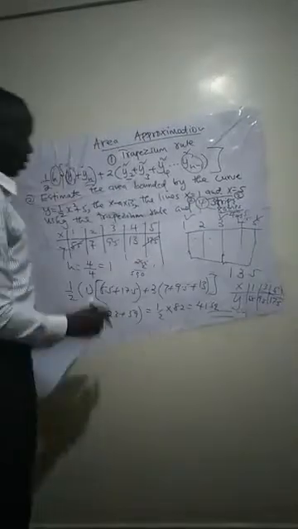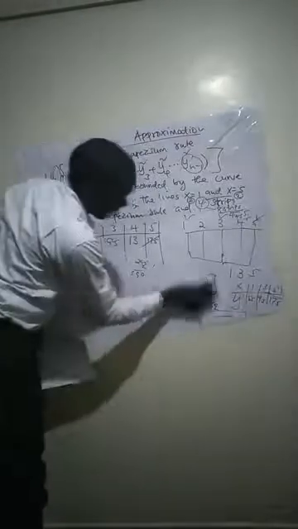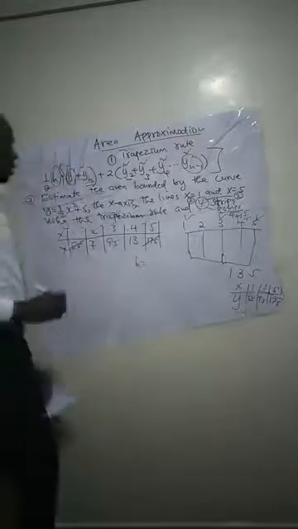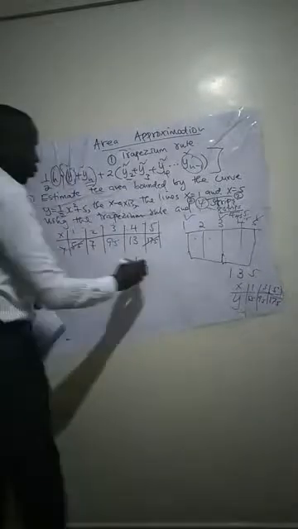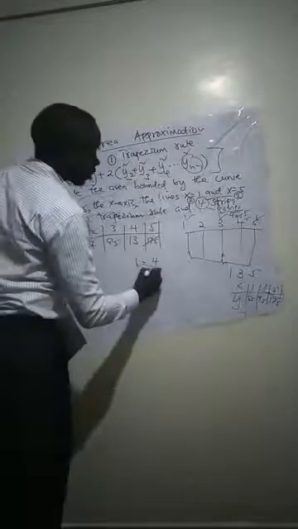So you'll only work with these, and before that, maybe we can get h. In that case it will be the number of units, which are 4, divided by the number of strips. We are told to use 2, so the value of h will be 2.